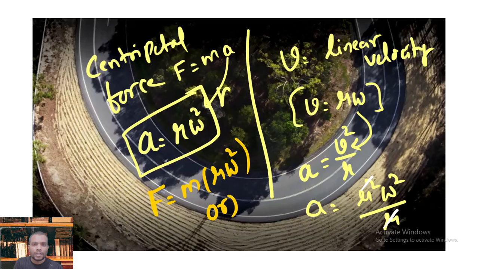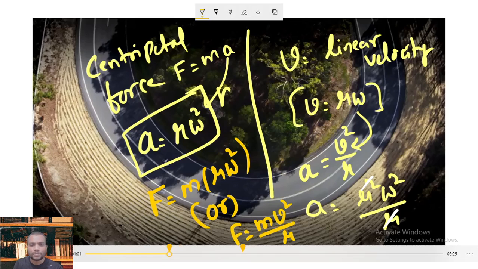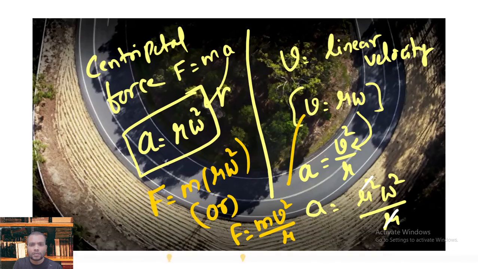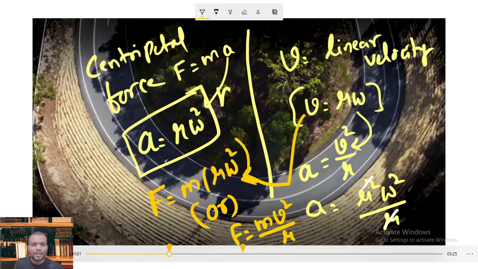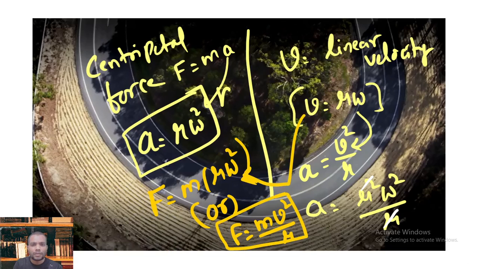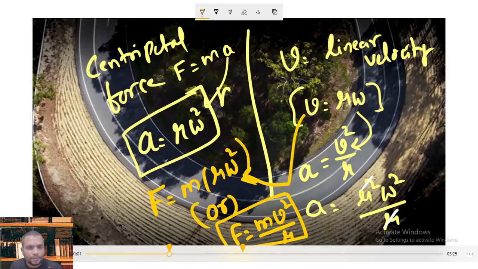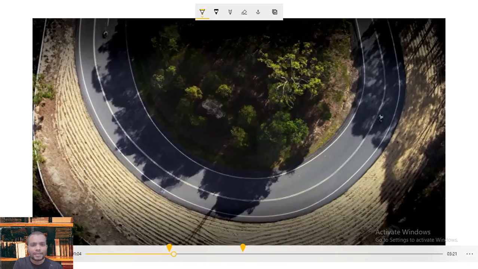Or this also you can write as F equal to mv square by r. If you substitute v equal to r omega in this expression, we can get that. So if the object is moving in a circular track, that object has centripetal force.